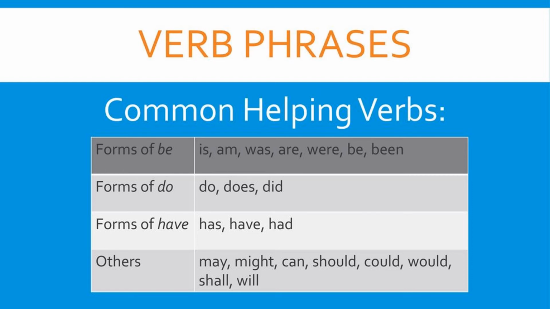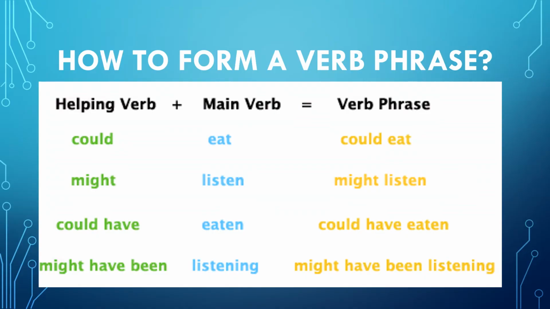Now you have to remember that a verb phrase is formed by combining a verb and one or more helping verbs. Example, how to form a verb phrase. Again, a verb phrase is the combination of verb and helping verb.